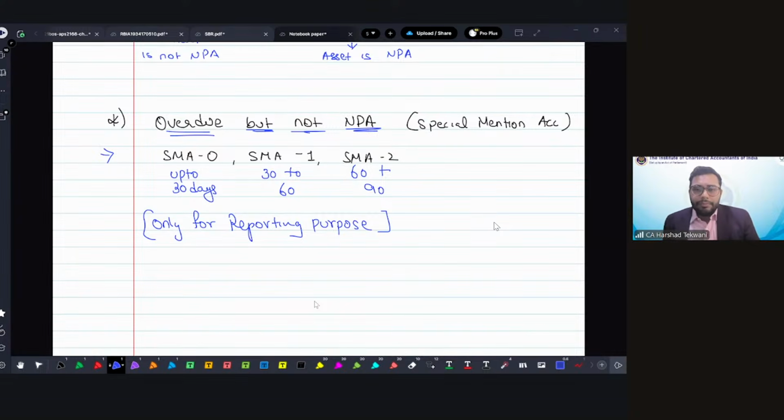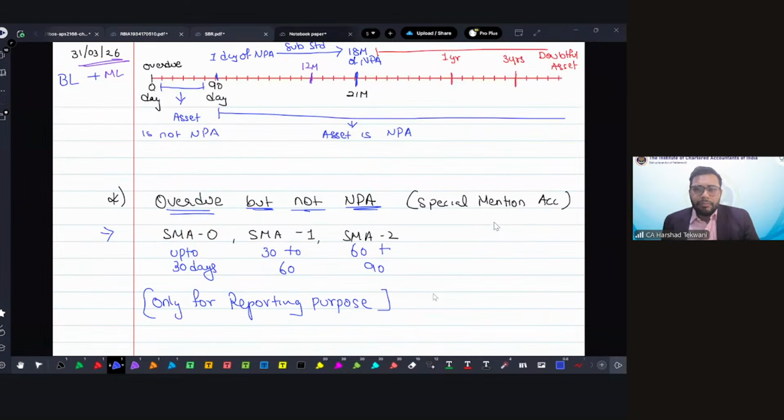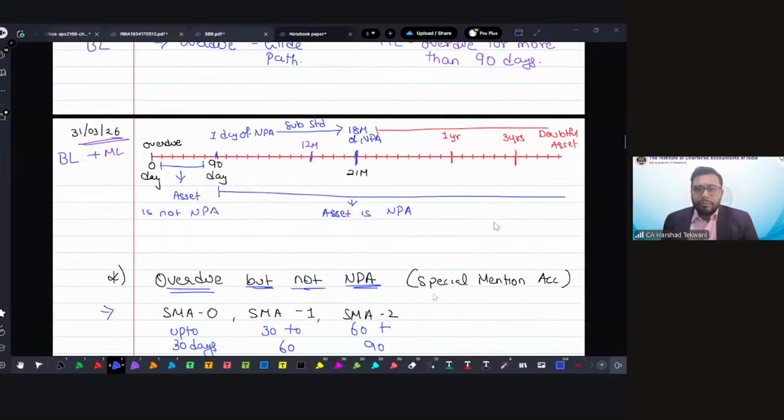SMA 0 will come from 1st December to 31st December. Okay, when was it due for payment? Due for payment is 30th November 2025. Yeah. If it is 30th November, till 30th November, there is no requirement of payment. It will be standard.